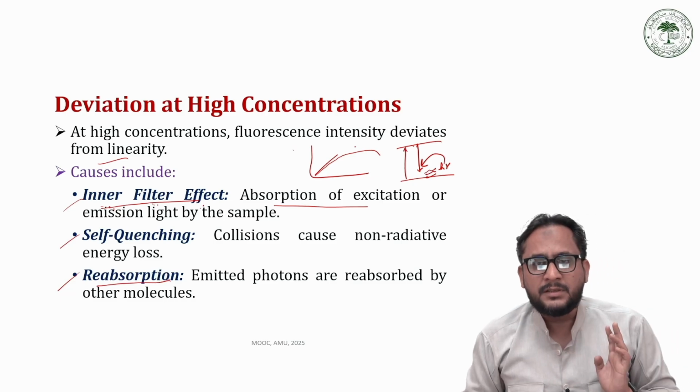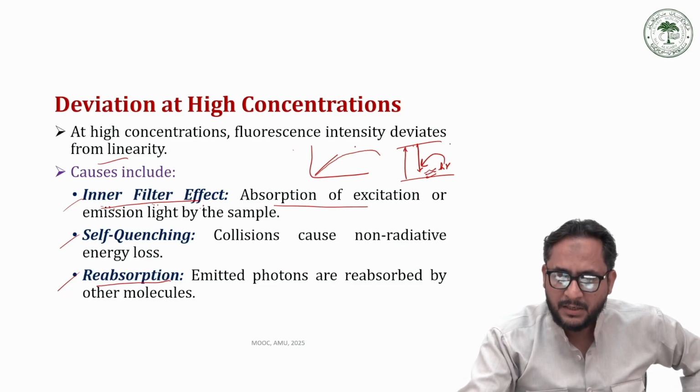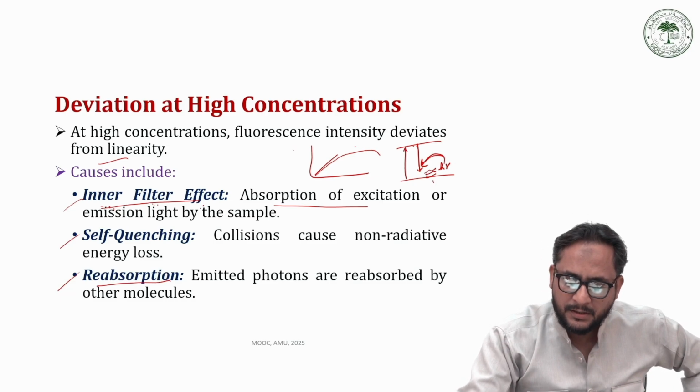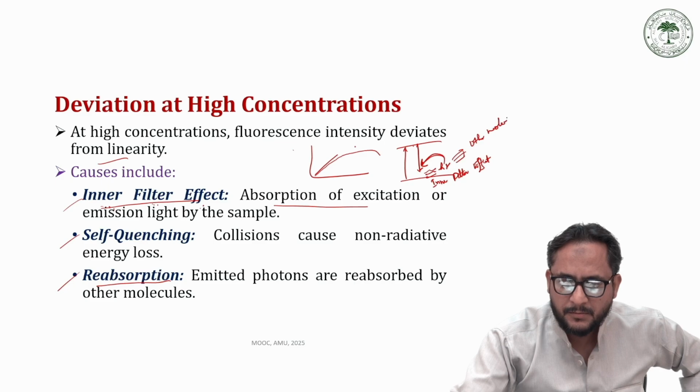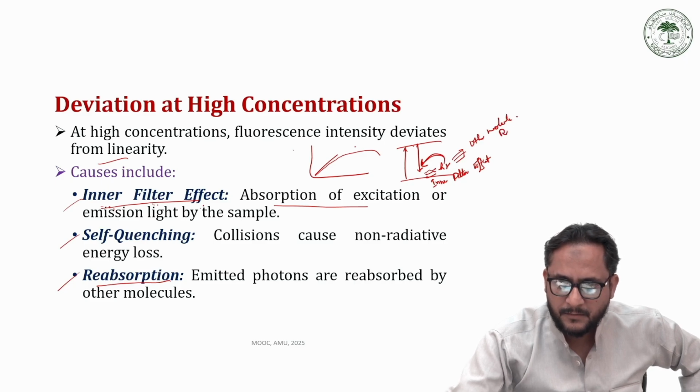This is the only difference. If the emitted light is absorbed by the same molecule, it is inner filter, while if it is absorbed by other molecules present in the sample, it is called reabsorption.